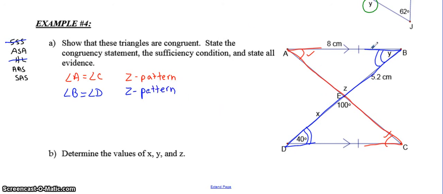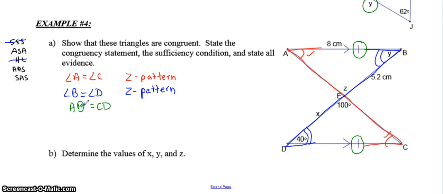The last piece of information, this tick and this tick means that they are the same length. So that means that AB is equal to, now again you have to get things in the right order, because we're starting at the red angle and finishing at the blue angle, you have to say that AB is equal to CD.